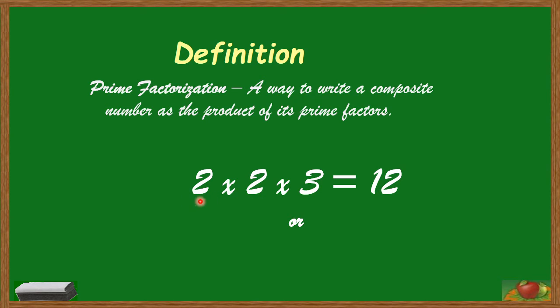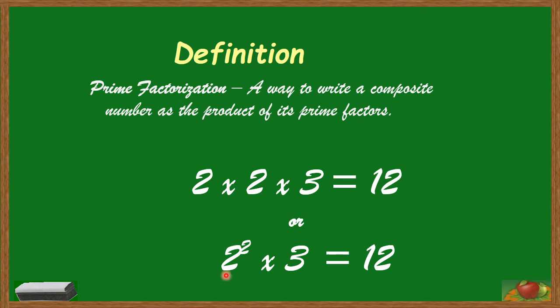On the other hand, if a number is repeated, we can use an exponent. We have two twos, right? So what are we going to do? We make it an exponent, okay?